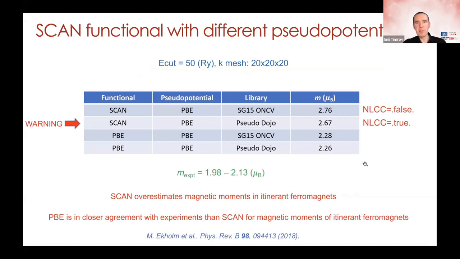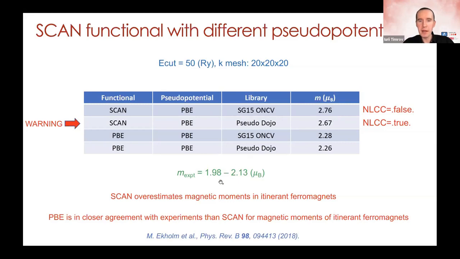We build the same table as before, reporting magnetic moments computed using different pseudopotentials and functionals. I still want to show you the result using the PseudoDojo PBE pseudopotential that contains nonlinear core correction. You see that the magnetic moment changes from 2.76 to 2.67.